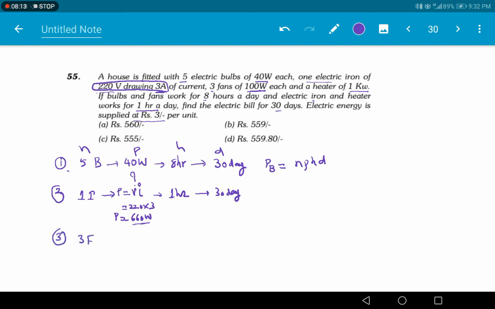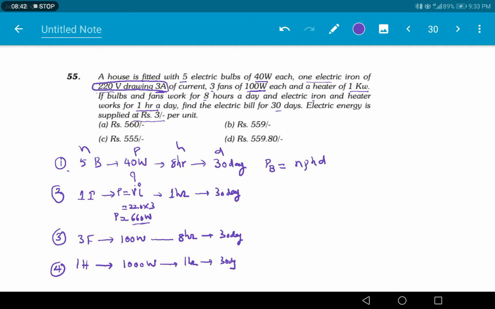What is given? 3 fans and 100 watt. How many hours? 8 hours, 30 days. Then the fourth appliance is one heater. Wattage 1 kilowatt, nothing but 1000 watt, 1 hour and 30 days.